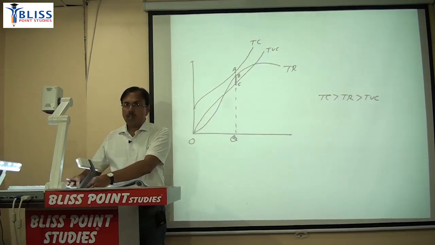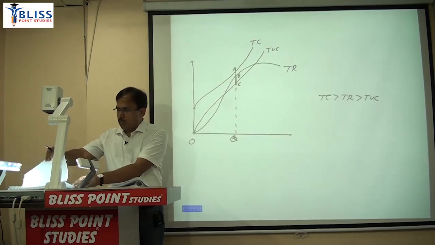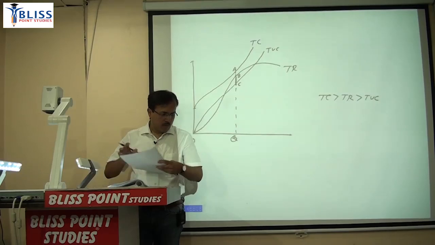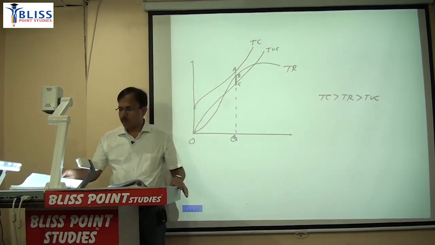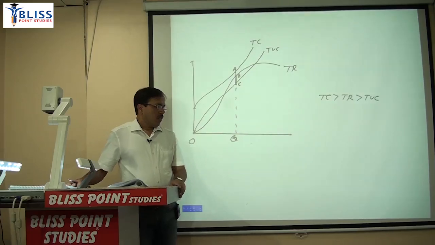So this was your first approach, the TR and TC approach. Now move to the second approach. The second approach is the MR and MC approach. Clear, any confusion?